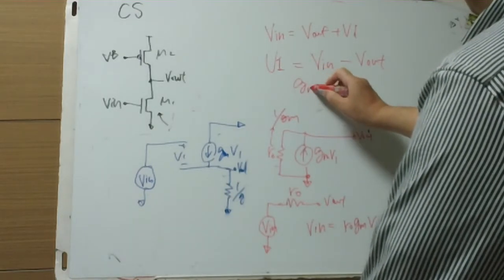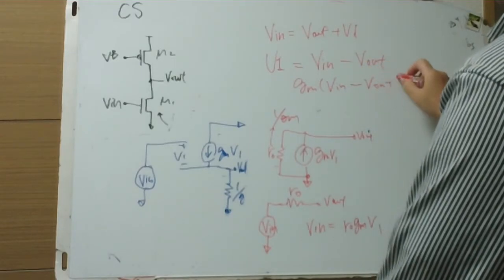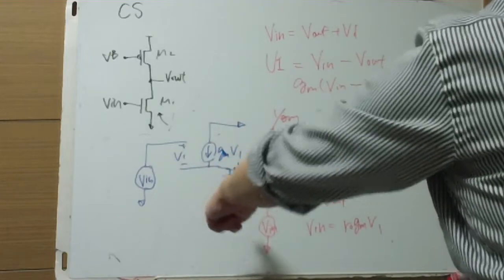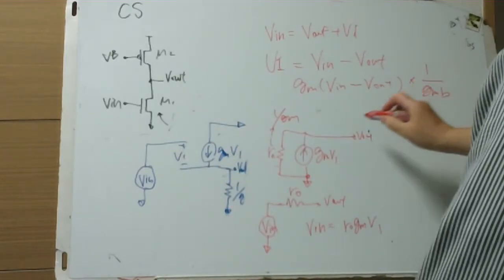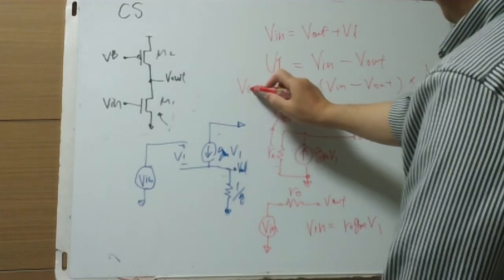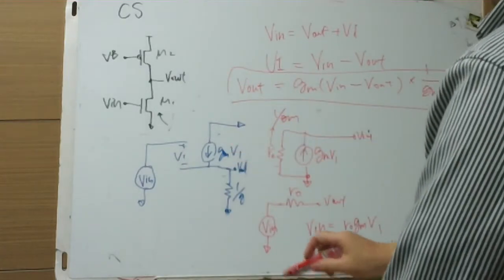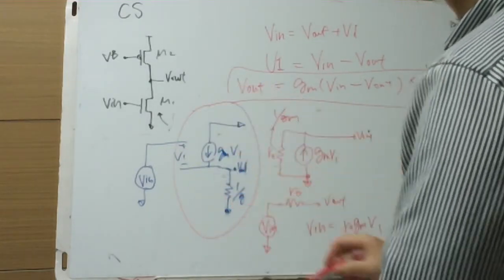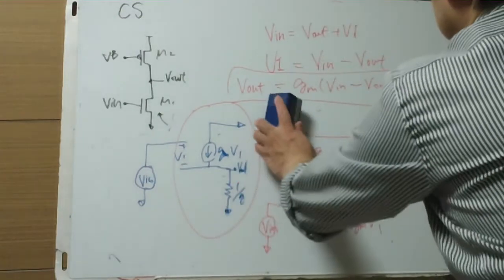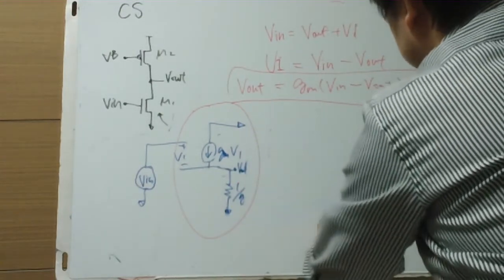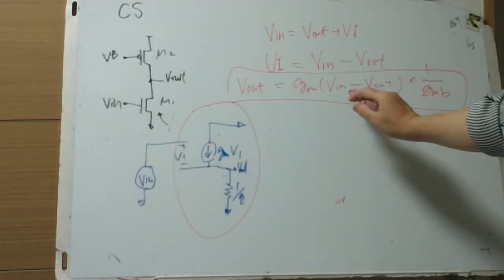So GMB times minus V out flowing through 1 over GMB makes the out. Simply this, we can get this equation and change this.